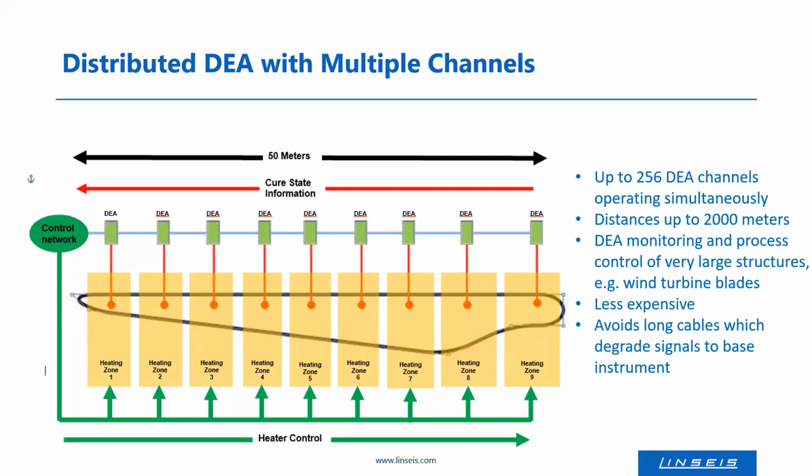But with the dielectrical analysis, you have a much higher throughput because you can replace the blade in manufacturing after a couple of hours. And the dielectrical analysis shows you exactly the time when it can be taken out of the mold and a new one can be manufactured.